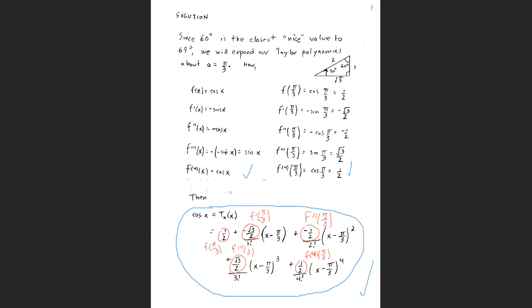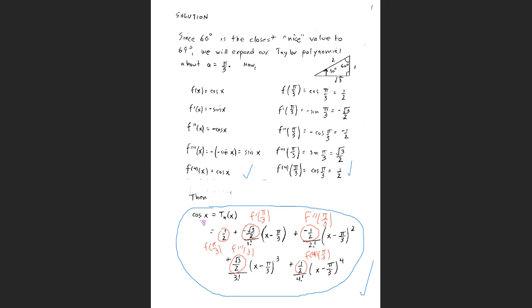Okay, now, what I want to do is evaluate. Now, you don't have to write this, actually. You should probably write this, but I want to evaluate the cosine of 69 degrees, right?